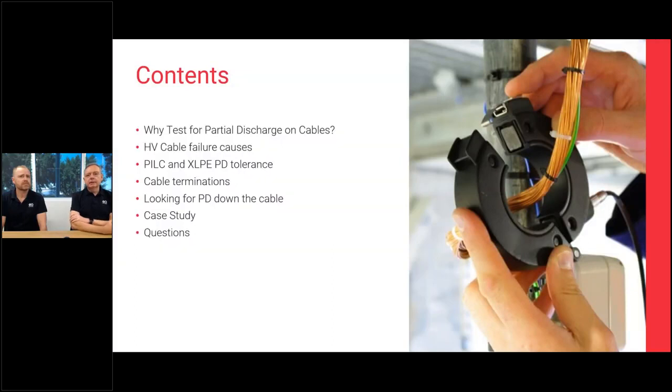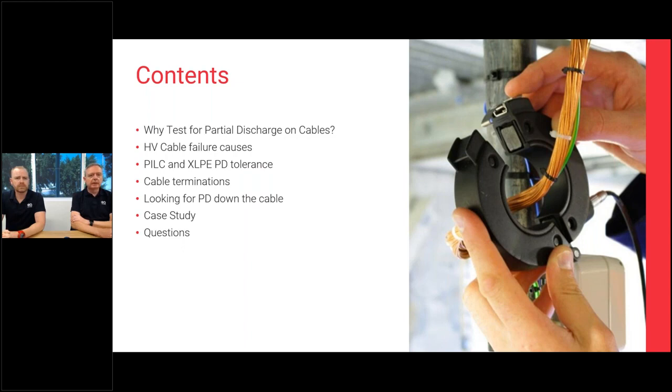So the contents of the presentation today: we're going to talk about why we test on cables, just very briefly, and some interesting statistics on some of the failure causes that we see on cables. We'll briefly mention the difference between the different types of cables, paper cables and XLPE cables, and the relevant tolerances in how they deal with PD. We'll talk about cable terminations.